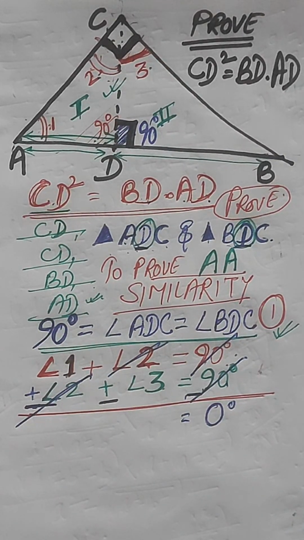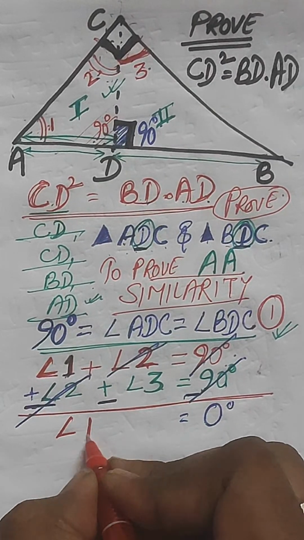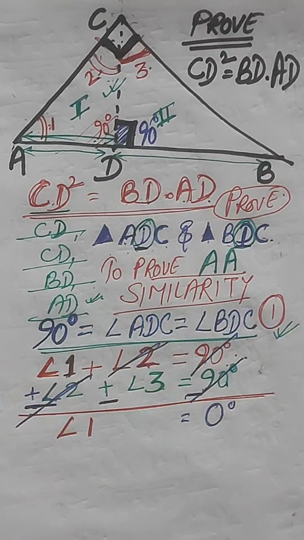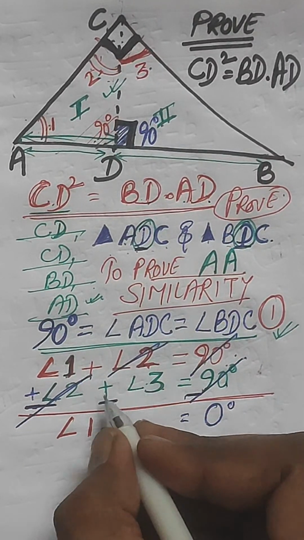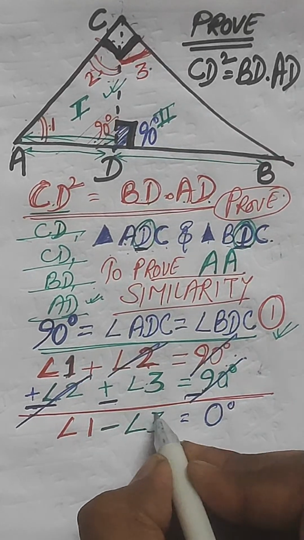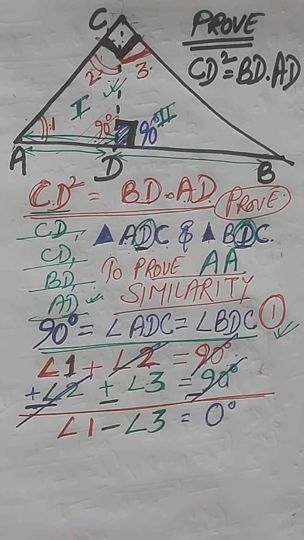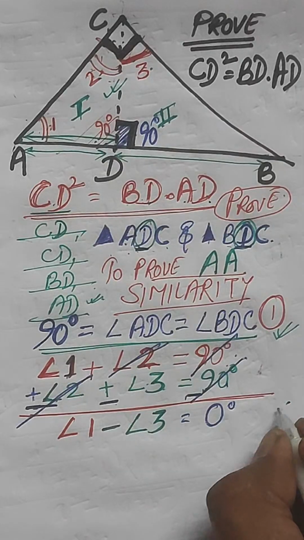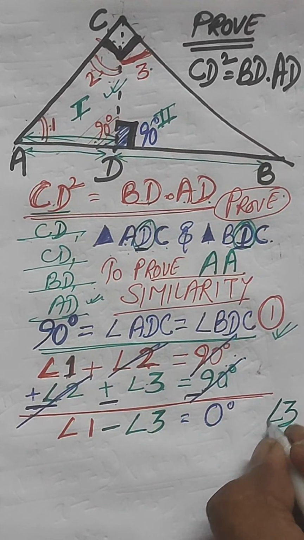So what we are having is angle 1 minus angle 3 is equal to 0 degree.